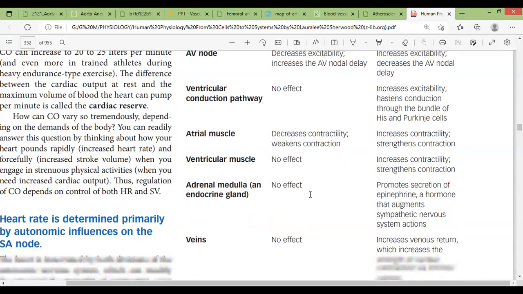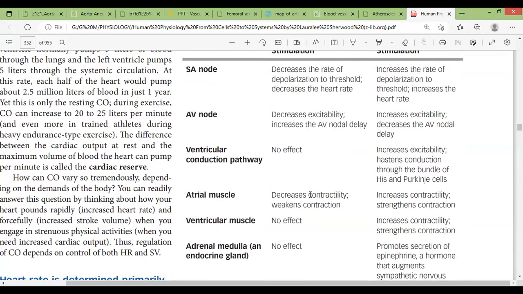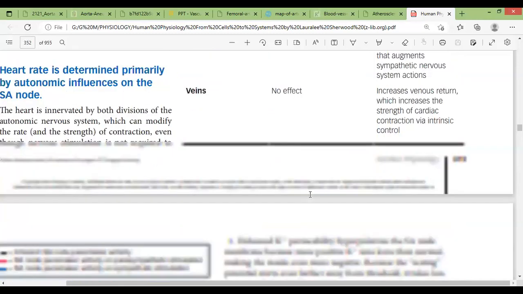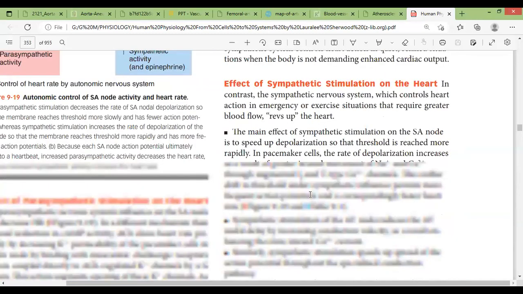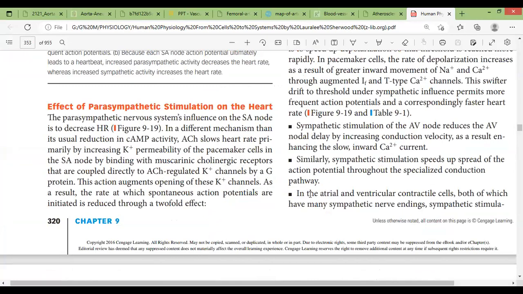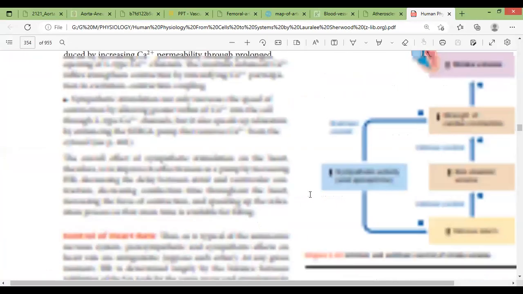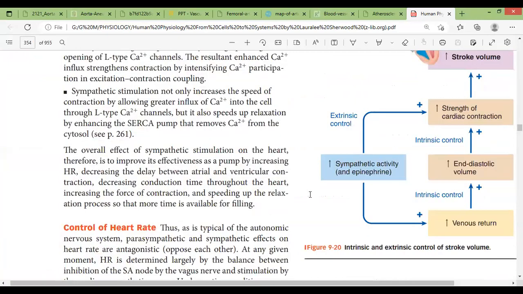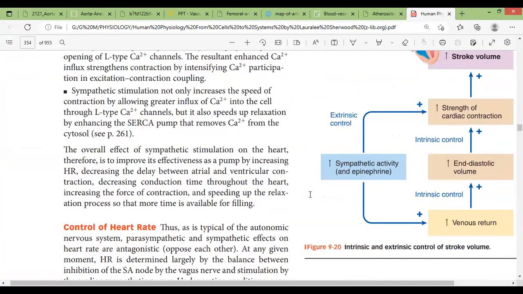The parasympathetic system has no direct effect on the adrenal medulla and the veins. Essentially, sympathetic will increase heart rate, contraction and excitability. For parasympathetic, the opposite is true.